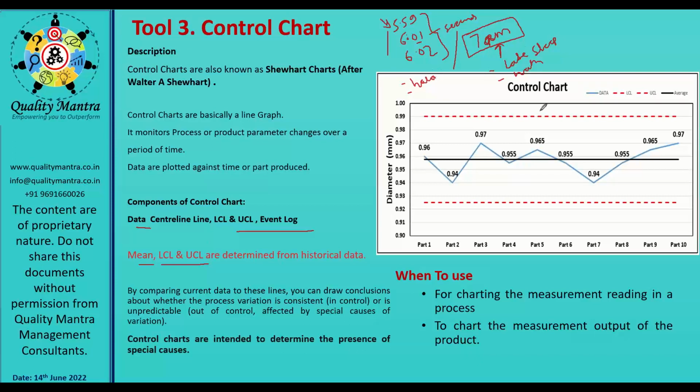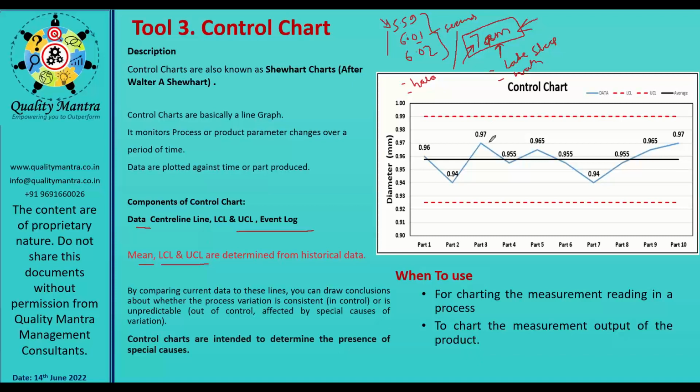So basically, for this particular variation, you can attribute, you can say why it has happened. So you can assign; this is called assignable causes of variation. You can assign some problem. It's a special cause.